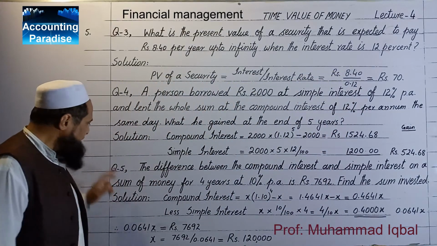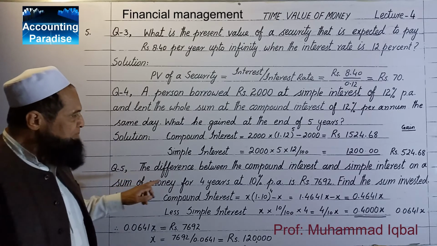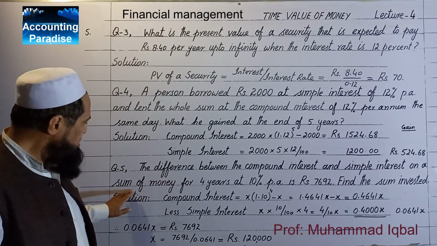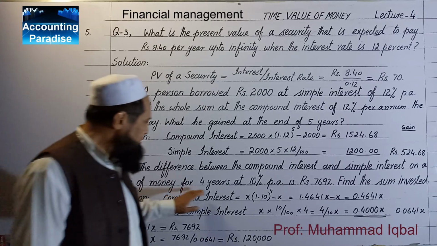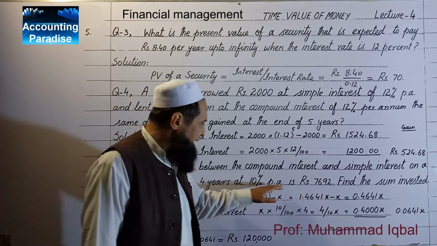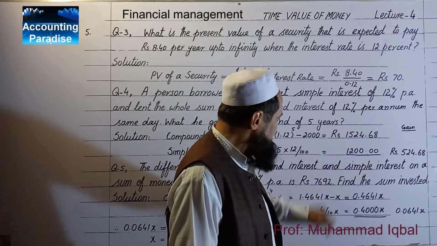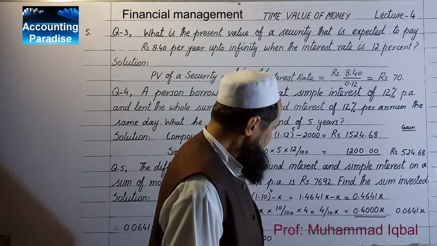Now question number 5. The difference between compound interest and simple interest on a sum of money for 4 years at 10% per annum is rupees 7692. Find the sum invested.